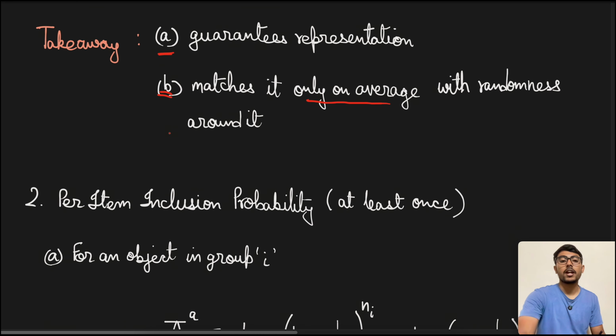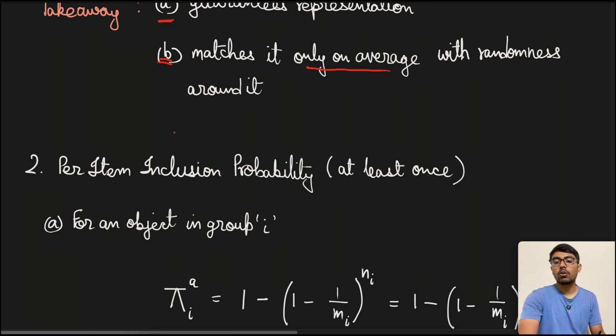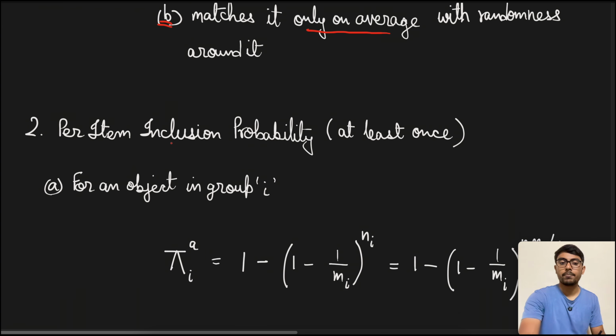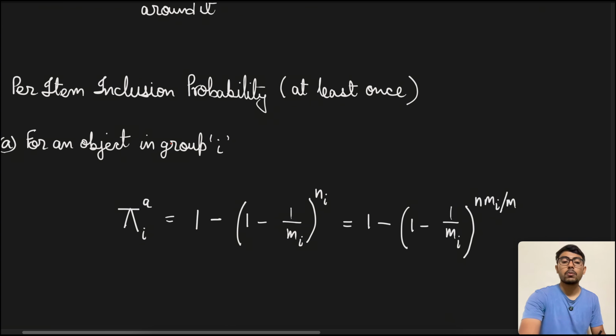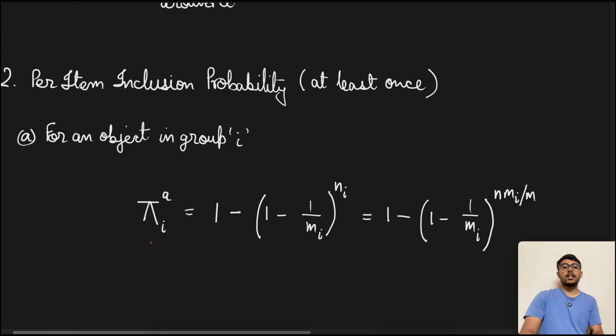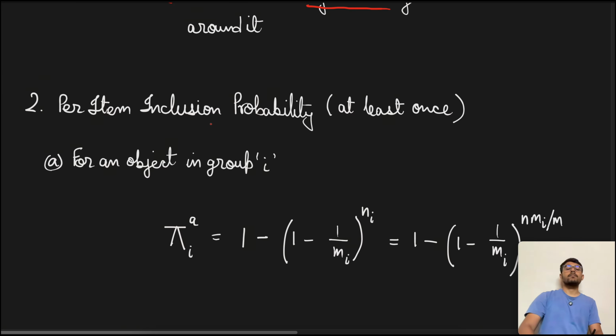Next, we come to per item inclusion probability, right. It is also called the at least once criterion. So, for an object in group i in scheme A, the probability of that object lying inside the sample is 1 minus (1 minus 1 by mi) raised to ni, right. The ni comes from the sample size that we are taking and thereby depends on that.